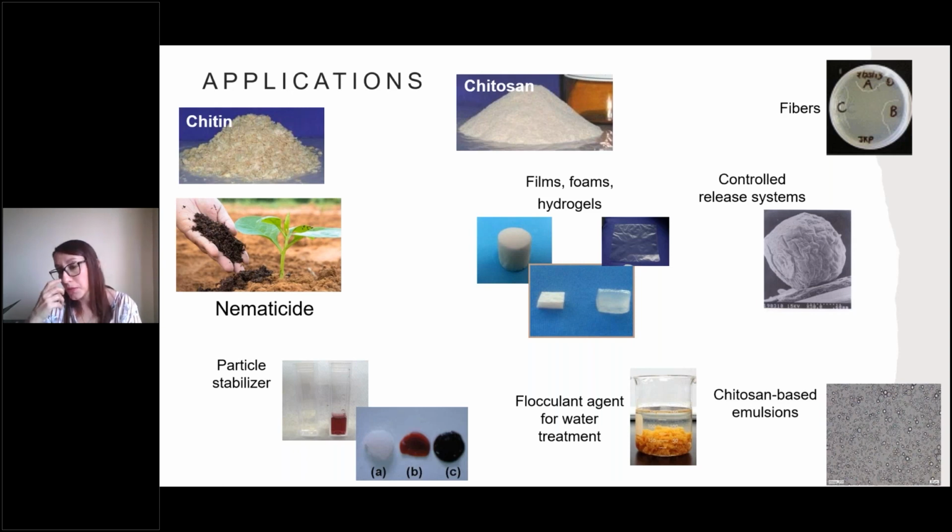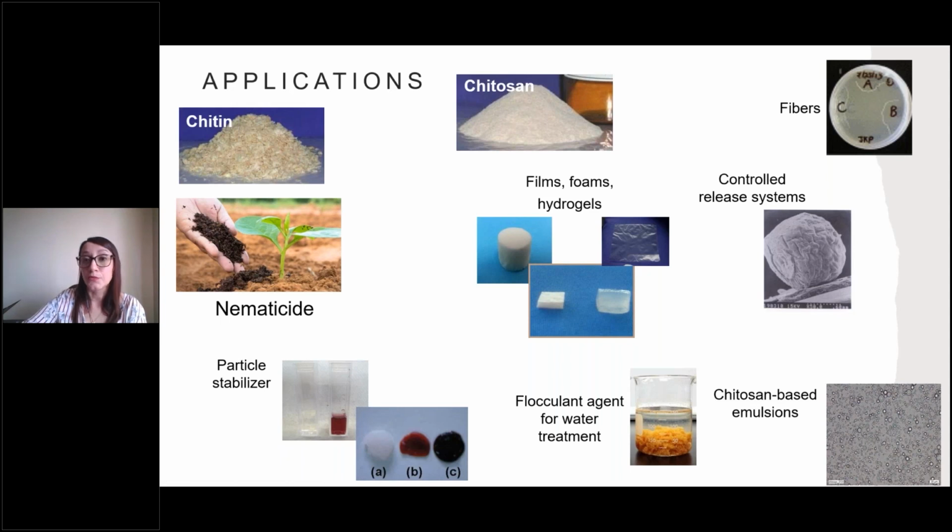This is a chitosan microparticle, chitosan-based emulsions, and flocculant agents for water treatment, because the amine group can be positively charged. Also as a particle stabilizer, for example, for gold nanoparticles.